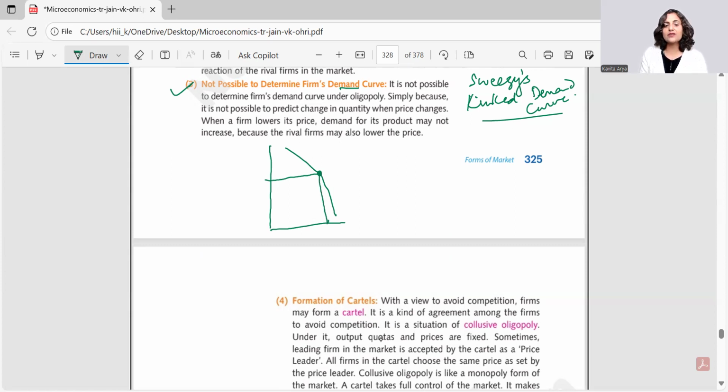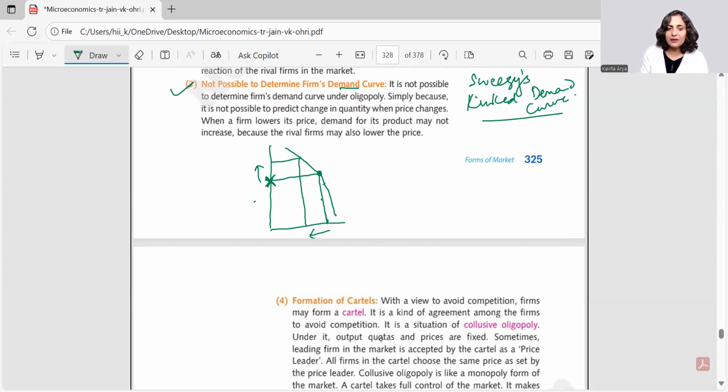Kink at this price means this is the price rigidity which is seen in this market form. That this is the price at which the things would be sold, because if people try to increase the price, right? So what would happen? It is an elastic demand curve. They would lose on the quantity, others would not react.